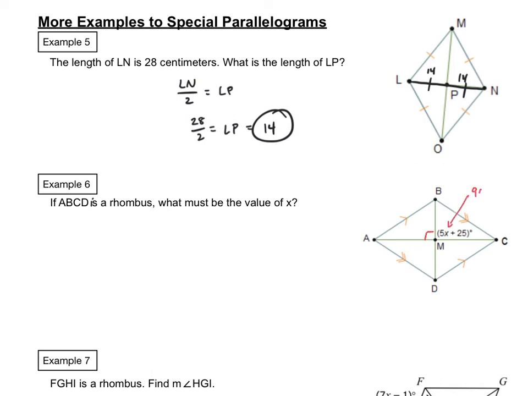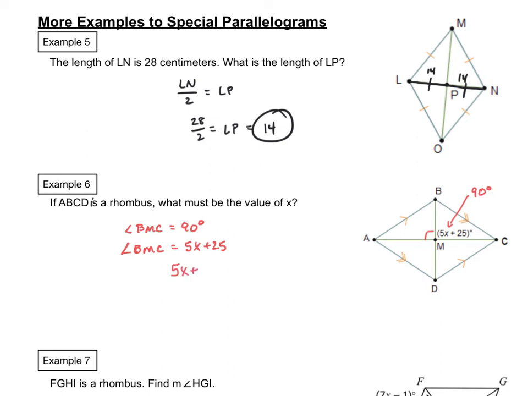that angle is equal to 90 degrees. So I know that angle BMC is equal to 90 degrees. I know that BMC is also equal to 5x plus 25. So I can use the transitive property now and make them equal to each other.